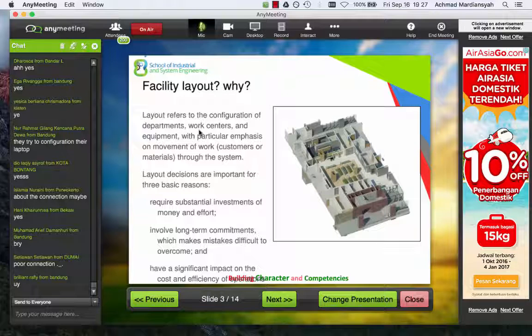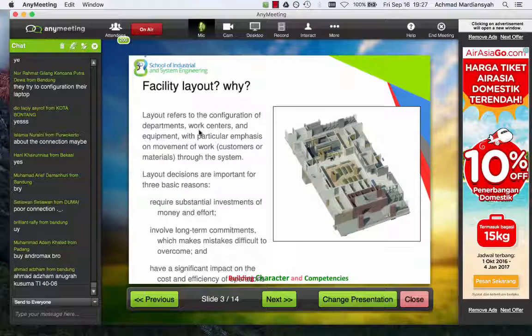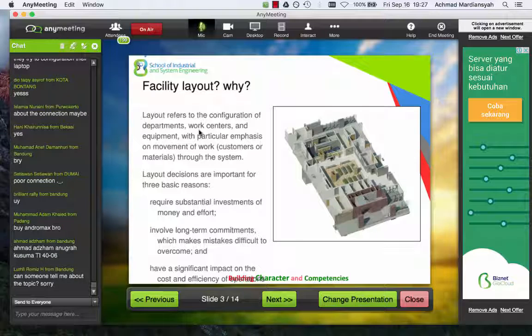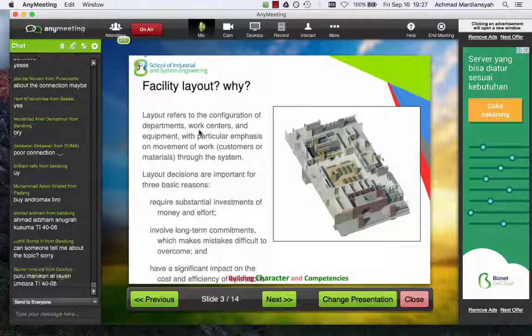For example, Nokia, more than 100 years, and Siemens in Germany, also more than 100 years. That kind of company invests lots of money in their business, and they hope their business can survive for the long term. So one consideration is to have a good facility layout.